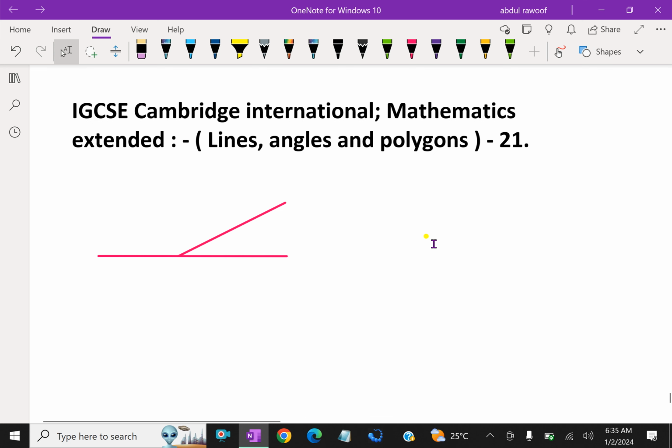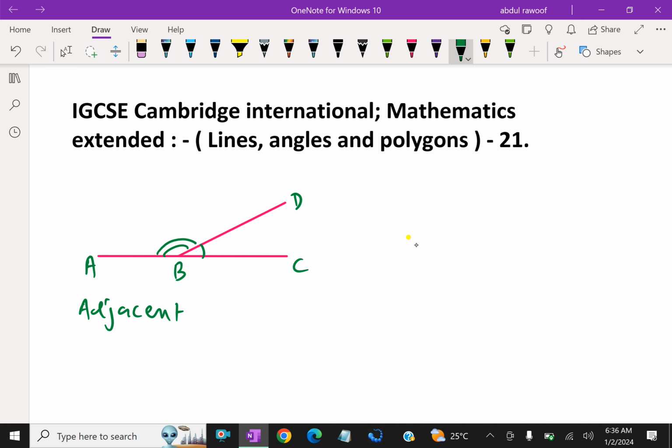Suppose you name it A, B, C, D. Here, this angle and this angle are adjacent angles. These angles are adjacent angles.